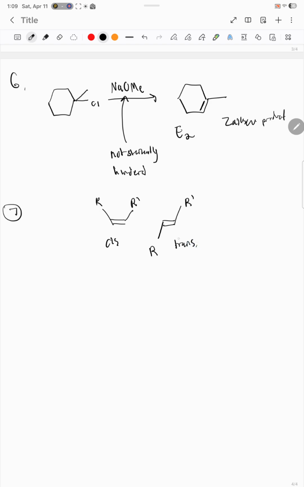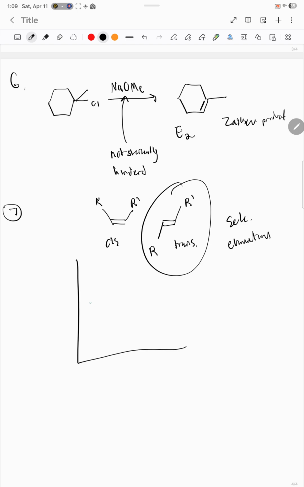If in a reaction we get either of these, we basically want to say it's trans. This is going to be more favorable for the selectivity of elimination reactions. Well, now why is that? We learned that by Hammond's postulate. This is a very bad overview, but when we compare the transition states, we will learn that cis is higher and trans is lower.